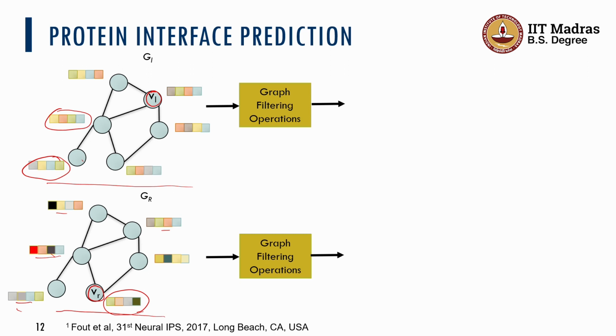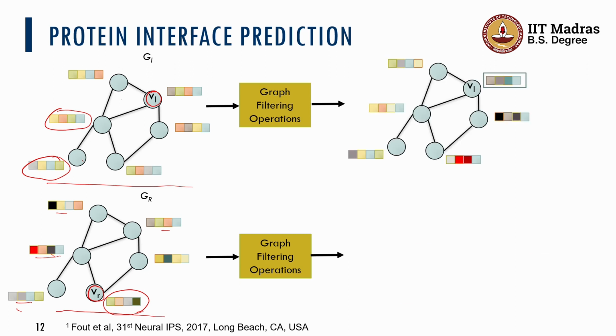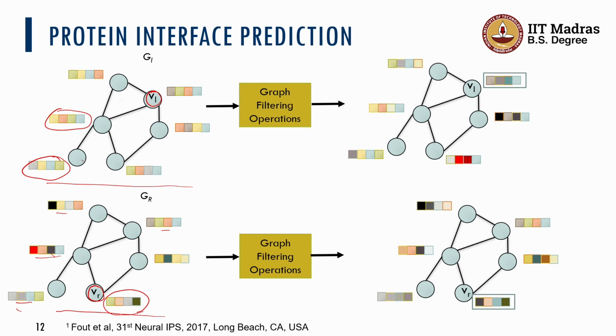So I have done the graph filtering operation and achieved filtered node features. If I have done a good job in graph filtering, I should have a better feature representation for this node and a better feature representation for that node. So I have a feature representation for VL and VR after my graph filtering operation.